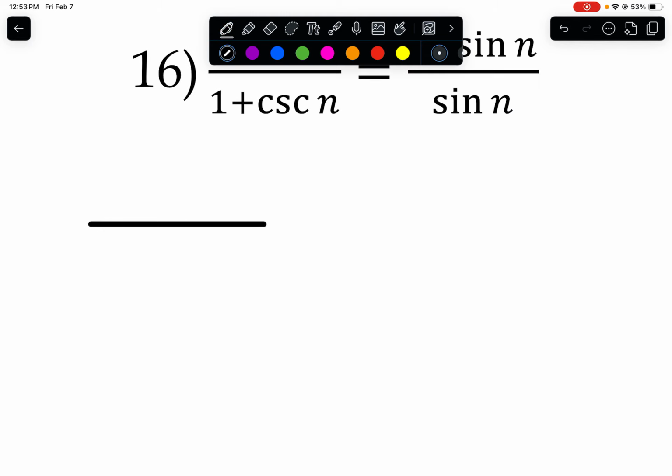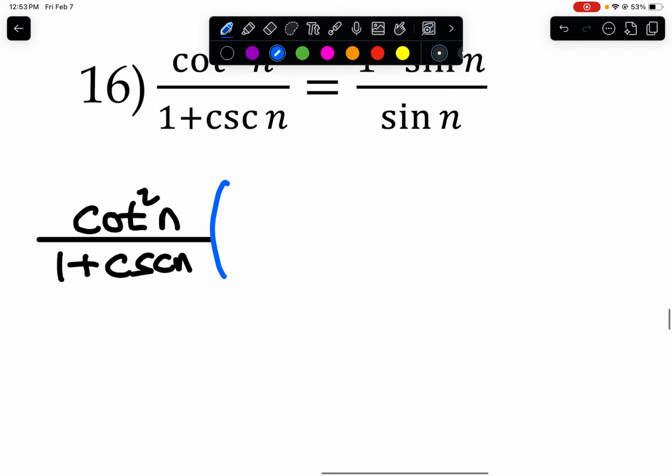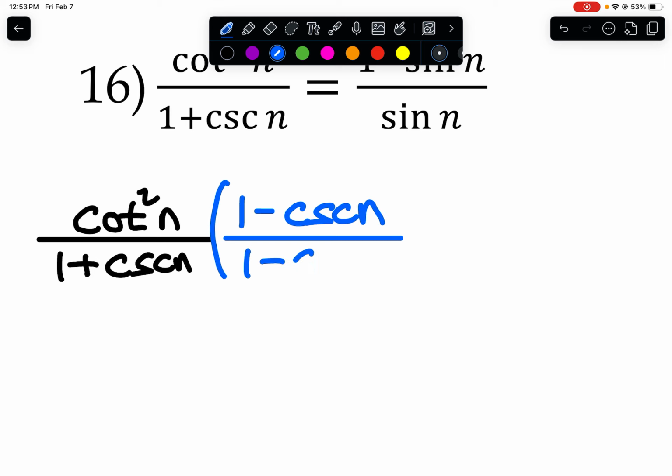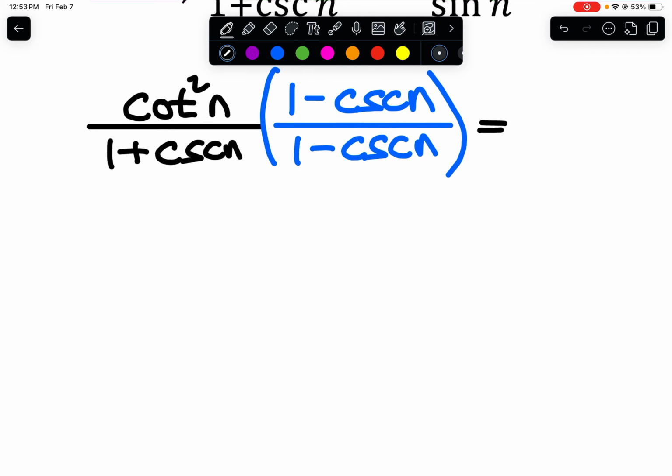So I'm going to do cotangent squared n over 1 plus cosecant n, and then I'm going to multiply 1 minus cosecant n over 1 minus cosecant n. Then once again, we're going to leave the right-hand side alone, no touchy.